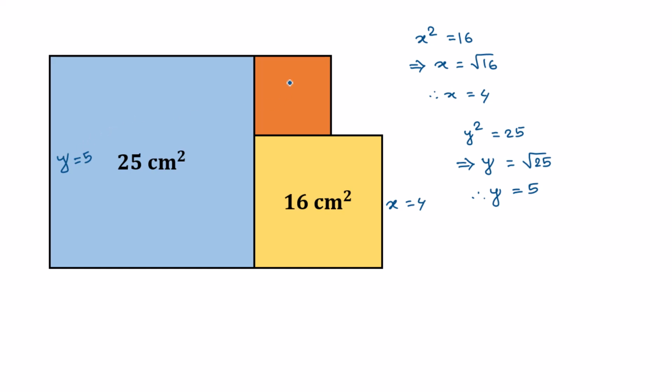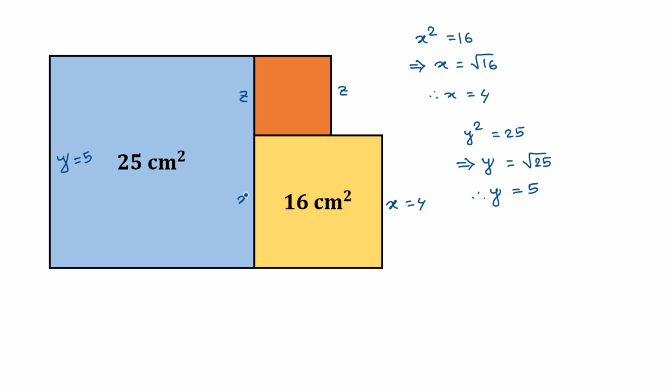Now consider the side length of this orange square is z. So this length will be z, and the side length of this yellow square is x.